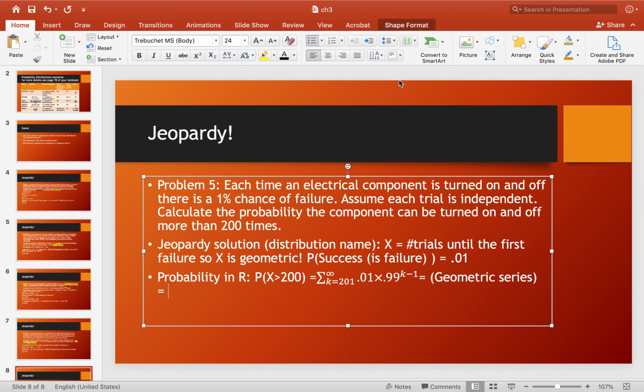And we know the sum of a geometric series. This first term is going to be 200, and I need that 0.01 times it.